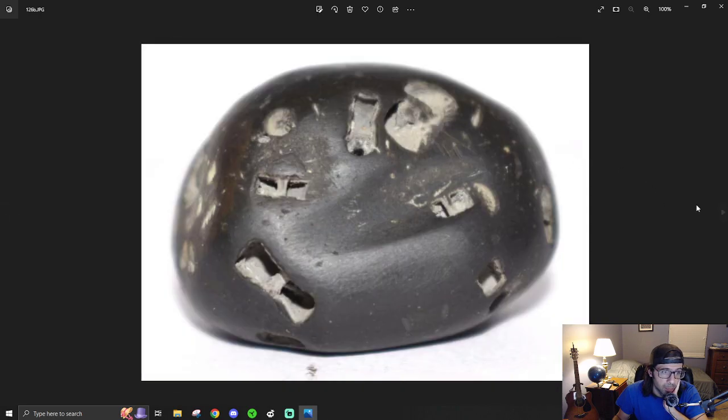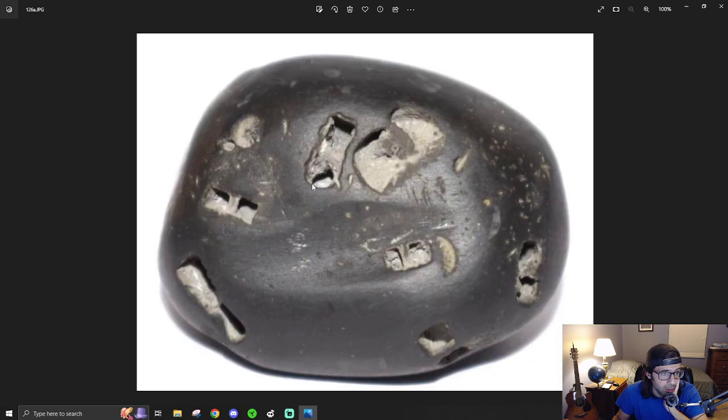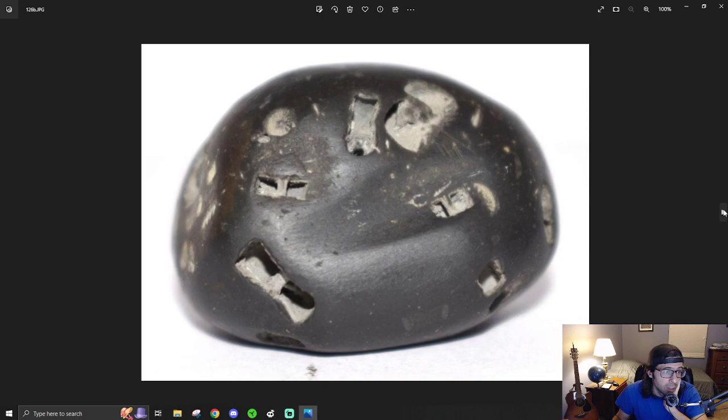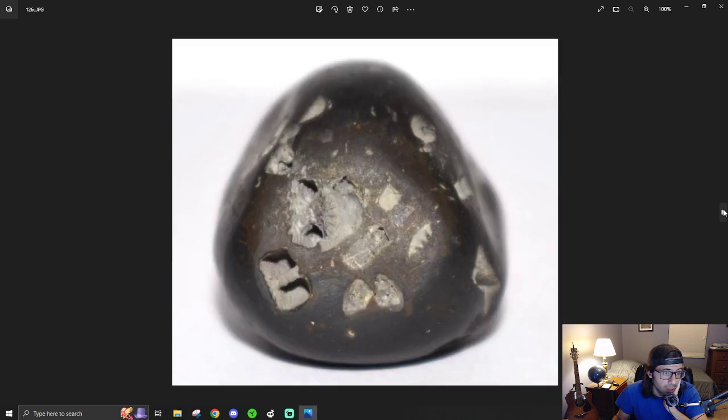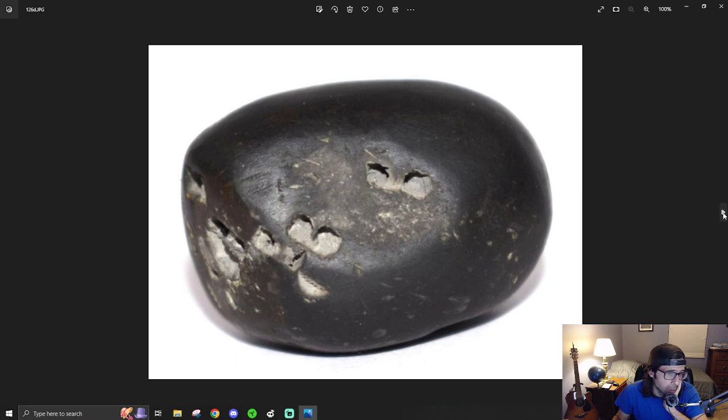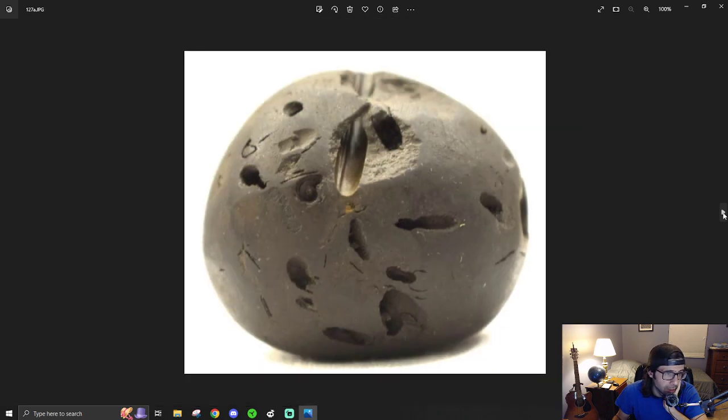Let's go back. Okay. This I noticed is just kind of this hole in there. I don't know. Okay. Just some images of this one that just have features. I figured even if I didn't have much to say on them, I should at least document them.